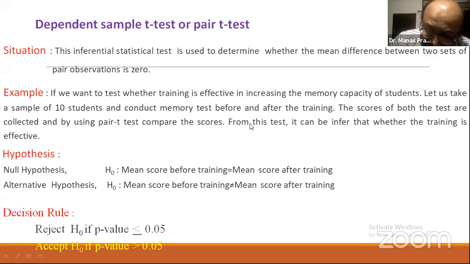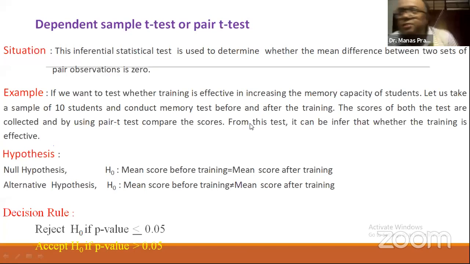It is dependent because we have to take two observations from the same student in two different situations, before the test and after the test. From the same person, I have to collect information in two situations, before and after.